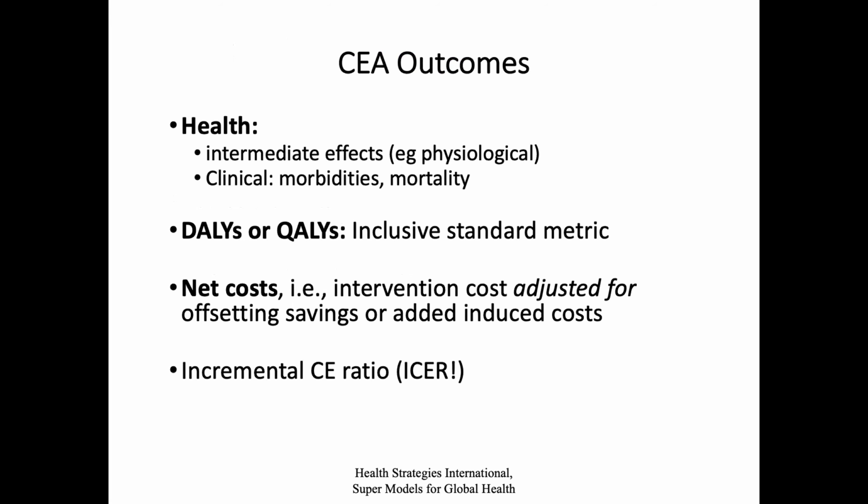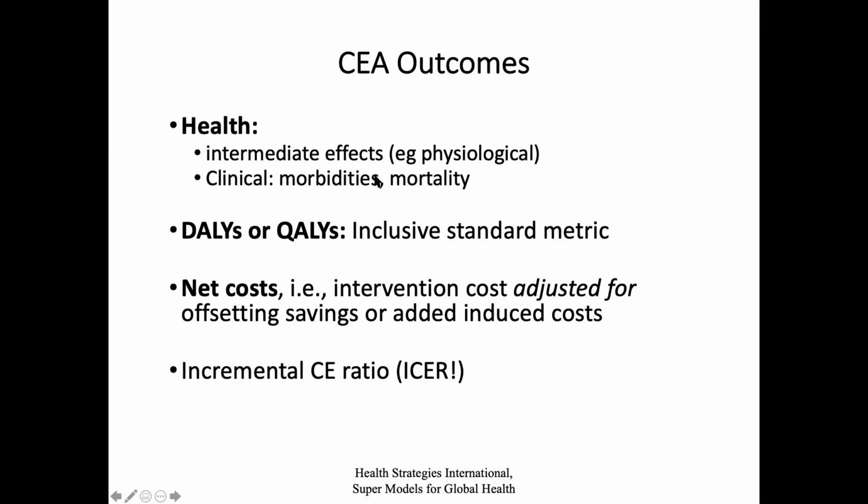And what are the outcomes that we then get? These models will potentially tell you intermediate effects, like for HIV, the change in CD4 count or the change in the rate of decline in CD4 count. Clinical outcomes are the most important output or outcome of a model.